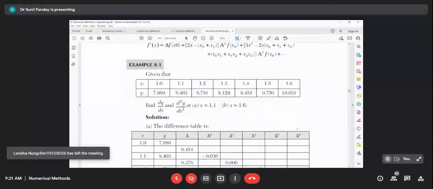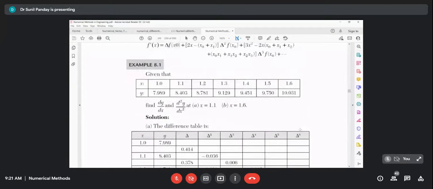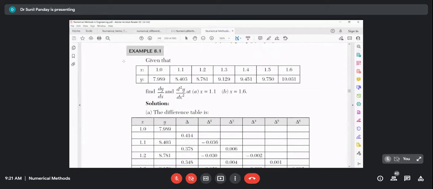And the problems we have already discussed. For this table that is given, first you have to check whether it is equally spaced or not. So it is equally spaced.